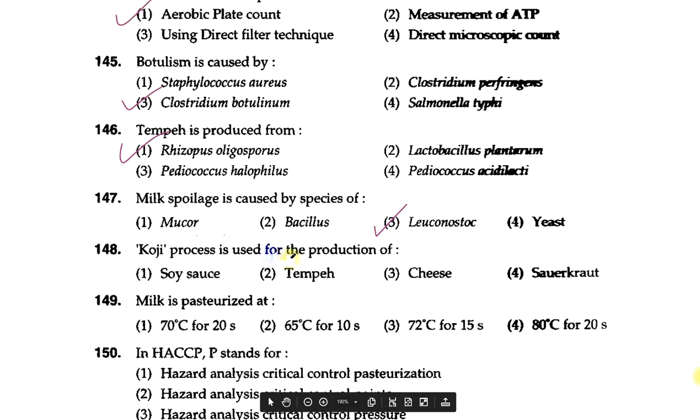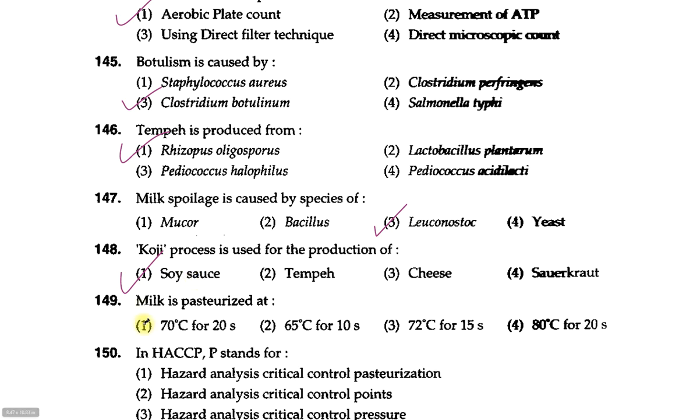Koji process is used for the production of 1. soy sauce, 2. tempeh, 3. cheese, and 4. sauerkraut. Here the correct one is the 1, soy sauce. Koji process is the process which is applied to proteins. Koji also acts like a curing agent in the fermentation of coffee beans, and for the production of soy sauce.